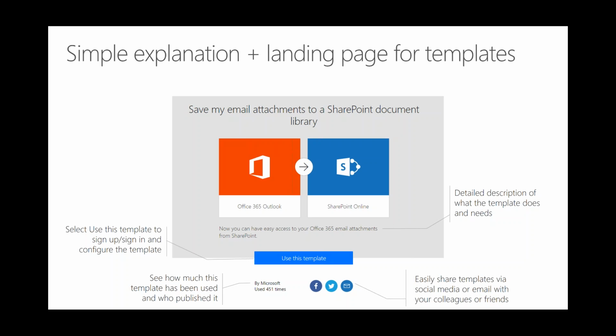And so we added the ability to share templates either through social media or email with the buttons below the Use This Template button, where you could quickly send this template to a coworker via an email and say, hey, as I was exploring Microsoft Flow templates, I found this one that I think may be useful for you in this process we were talking about. So we've added that into this template page so that it makes it truly easy not just for you to explore, but for you to share this information as you're learning about it with your coworkers.